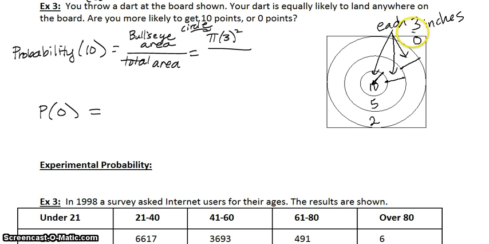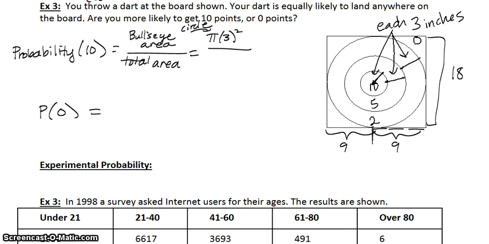Notice that the entire dartboard is a square, and we don't actually know yet what the sides are. So let's think about this really quick. If I look at half of the dartboard, each one of these rings is 3 units, and there's 3 of them. So half the board is 9. So the full distance across for one side is 18.